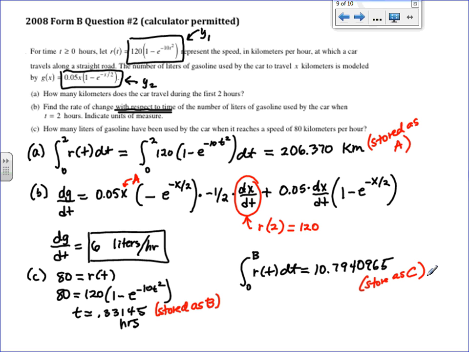All right, so that is the distance that you traveled. That's the number of kilometers. So the last question says, how many liters of gas have you used when it traveled that far? So X was in kilometers.